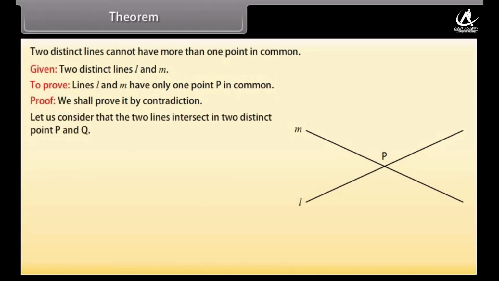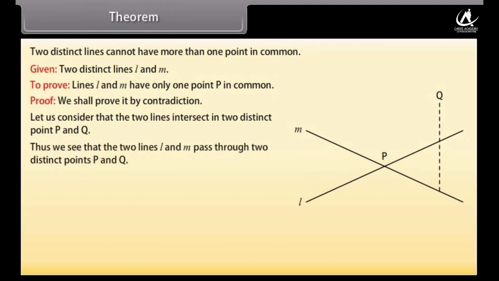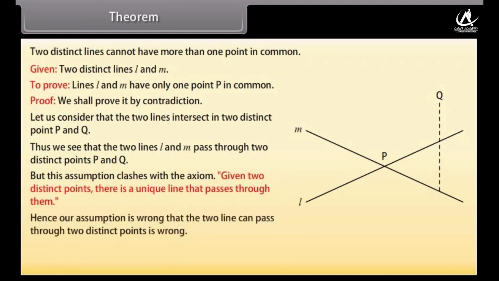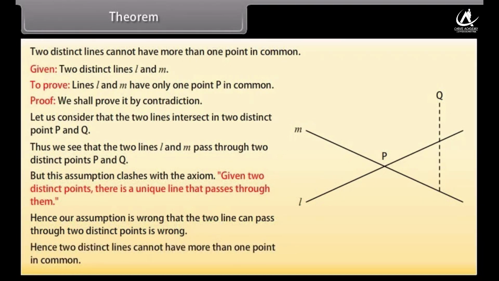Let us consider that the two lines intersect in two distinct points P and Q. Thus, the two lines L and M pass through two distinct points P and Q. But this assumption clashes with the axiom: given two distinct points, there is a unique line that passes through them. Hence, our assumption that the two lines can pass through two distinct points is wrong. Hence, two distinct lines cannot have more than one point in common.